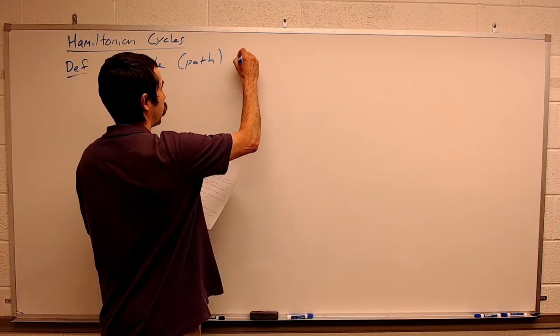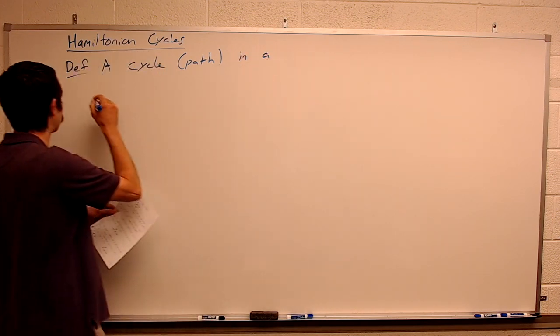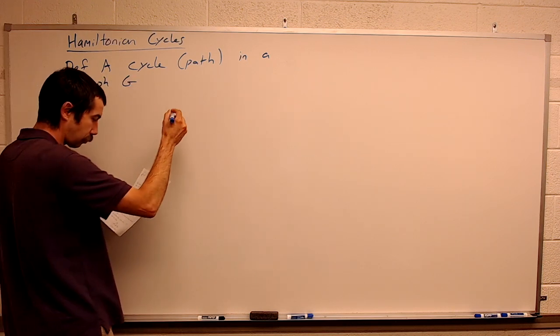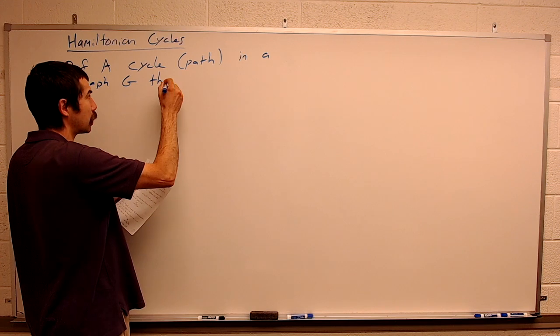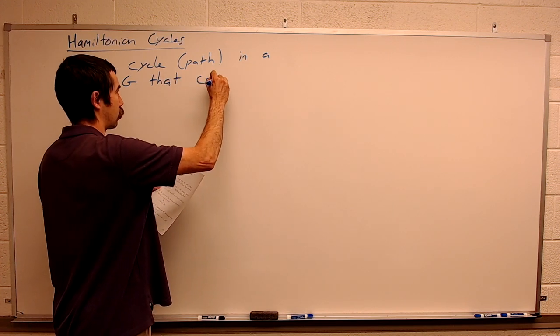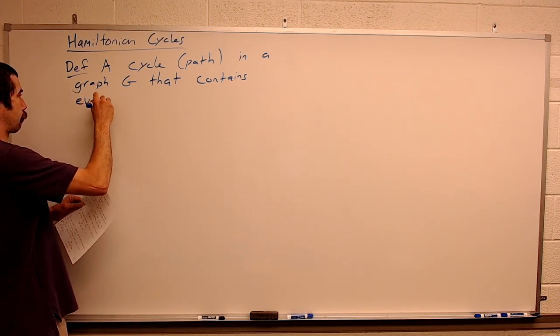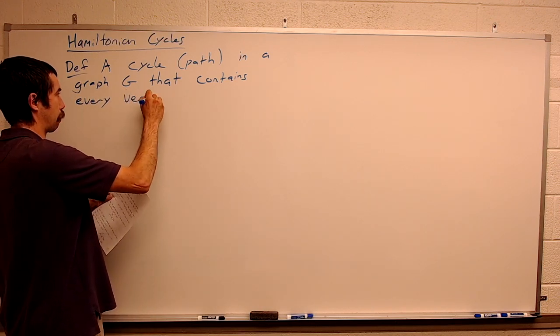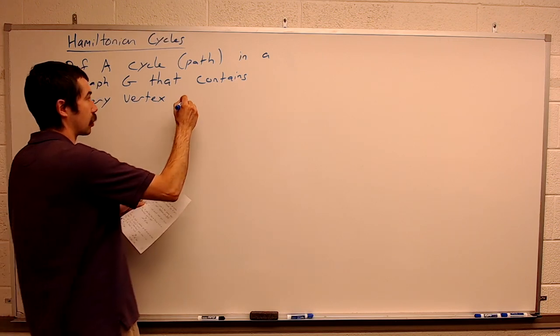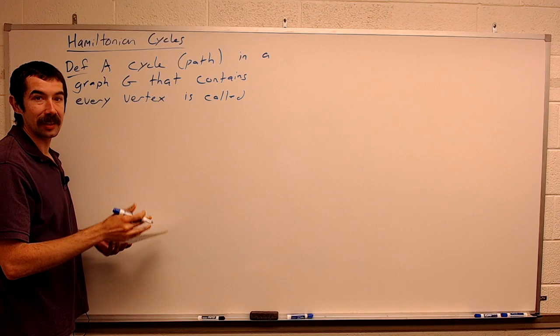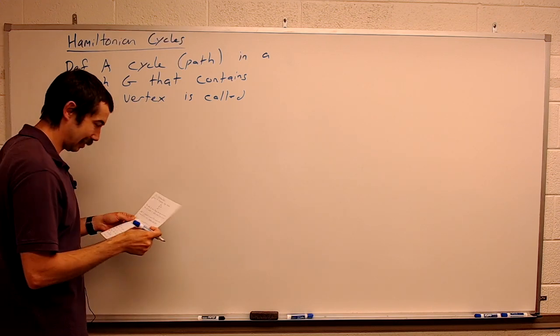In a graph G, that contains every vertex is called, well, you guessed it, a Hamiltonian cycle or path.